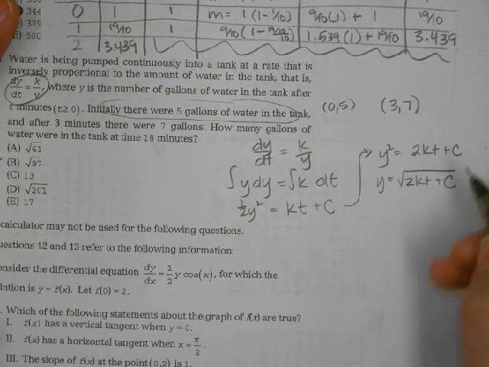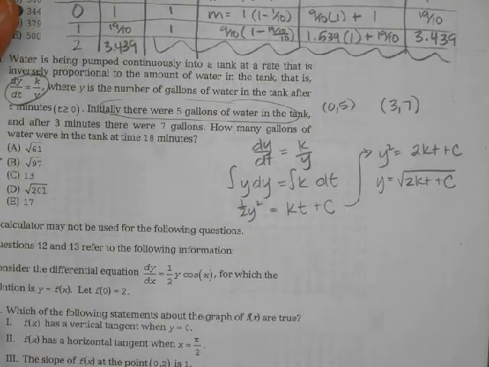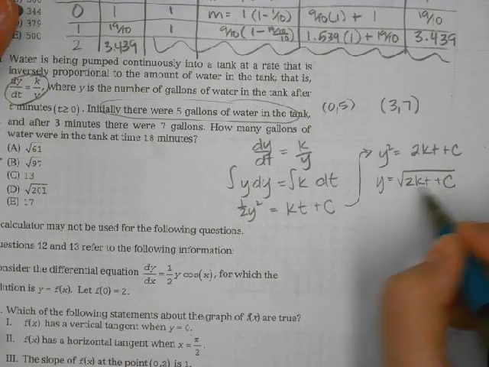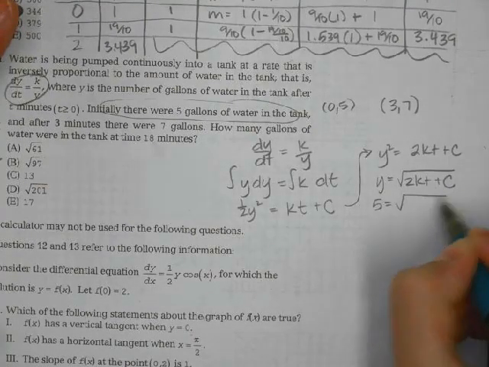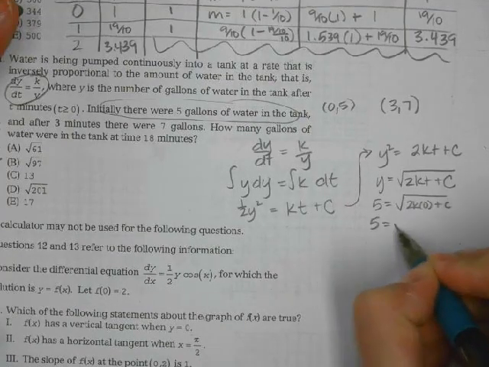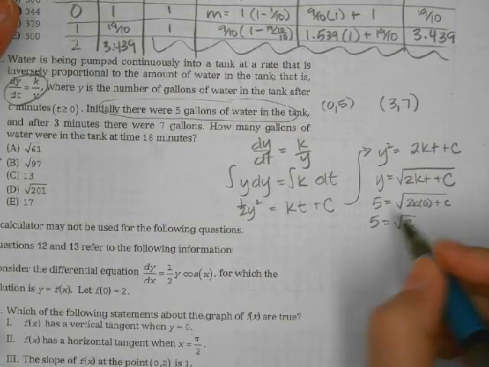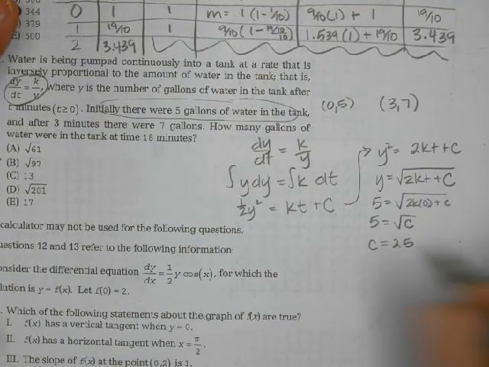Alright, so if I plug in 0 for t, then I get 5. So 5 equals the square root of c, and so c equals 25.